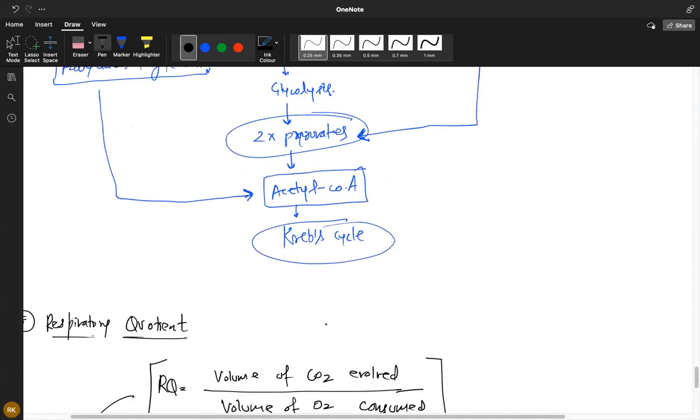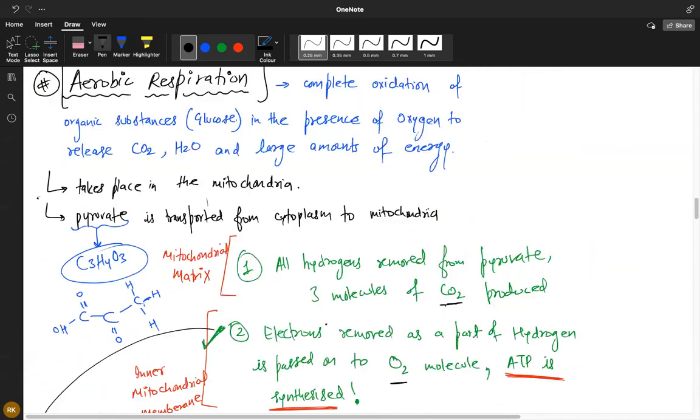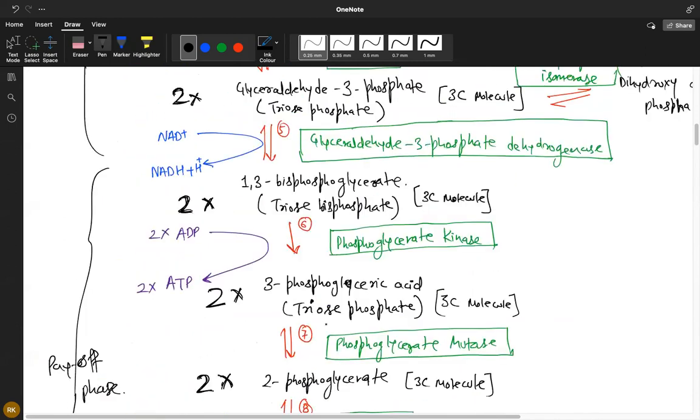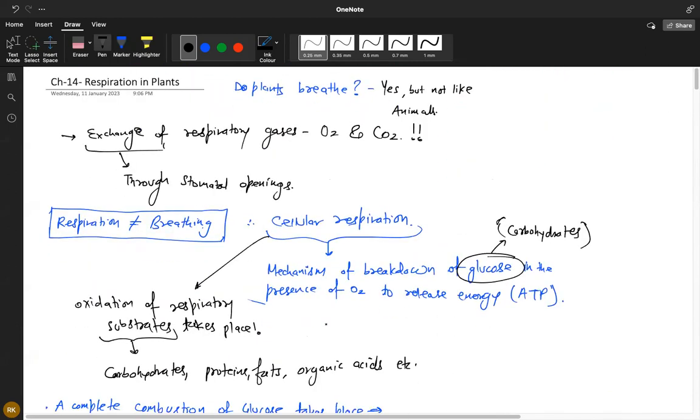So anyone has any doubts in this whole chapter, please go through your notes. It is a bit biochemistry heavy, reaction heavy chapter. So please go through, and I will stop here for a couple of minutes. And if you have any doubts, this is the time to ask.